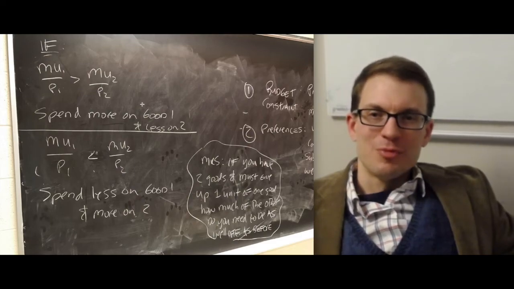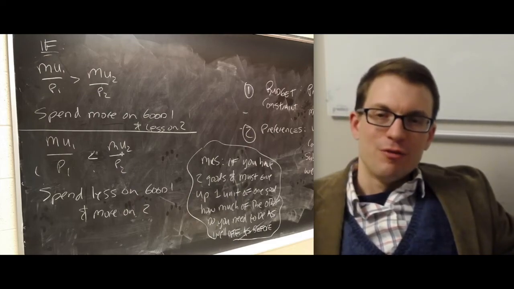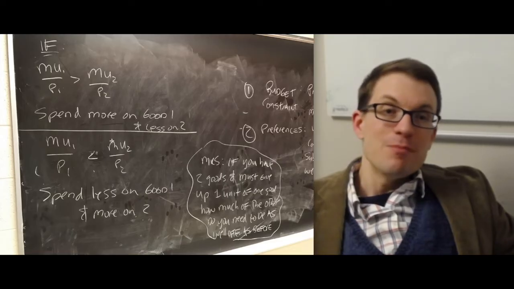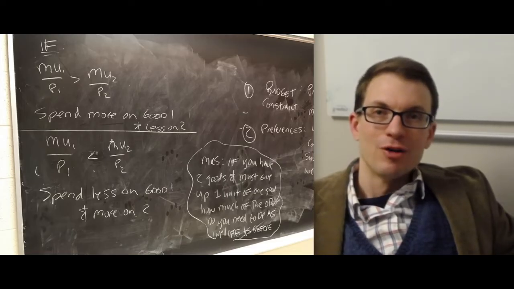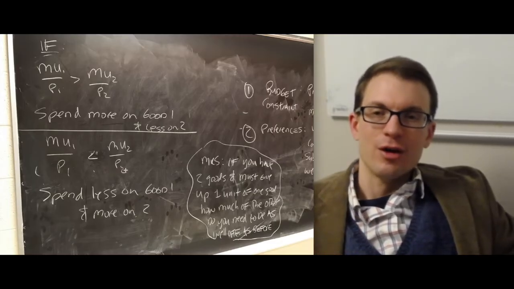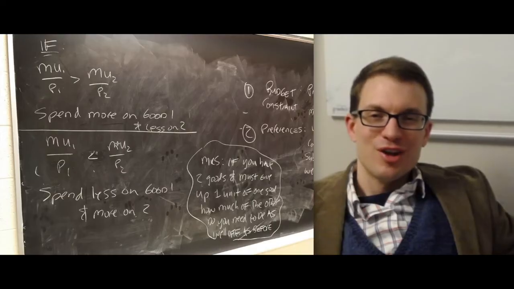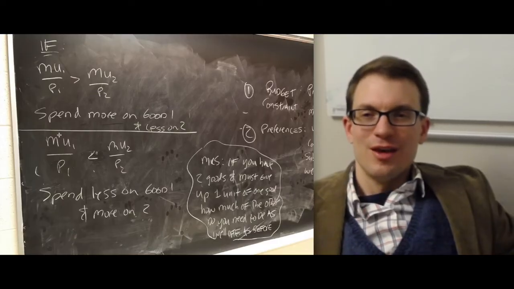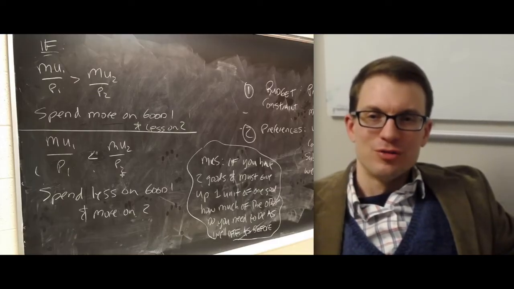So spend more on good 1, less on good 2. If it's the other way around, remember MU is marginal utility: how is my well-being changing as I consume another unit of that good? If the change in my utility coming through good 2 is bigger per its price than for good 1, well, I should buy more of good 2.